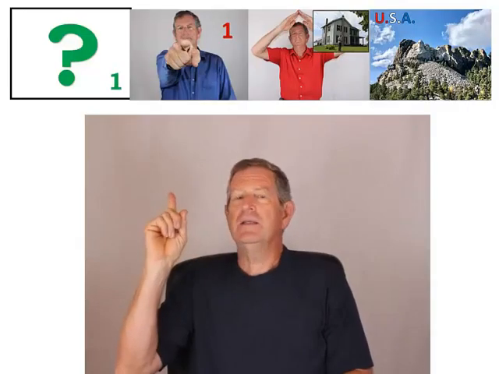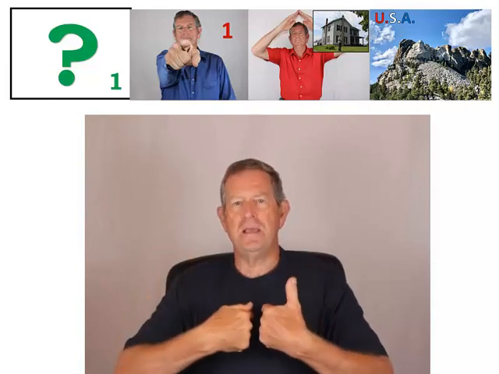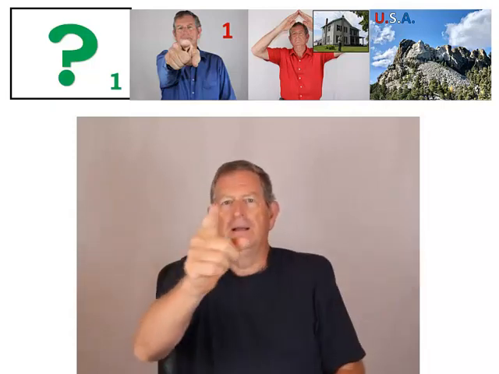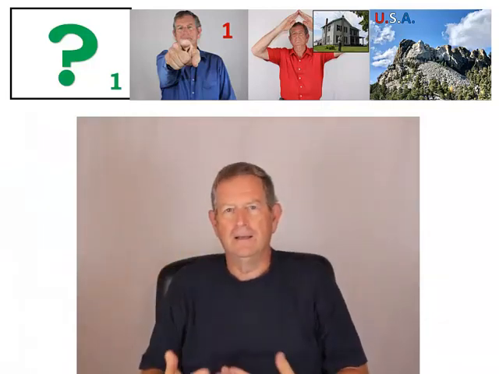I'd like to ask you to ask me questions now. Ask me those three questions about if I live in the United States, if I live in a house or an apartment, if I live in the country or the city. You ask this question here of me. Go ahead, ask the question, say it. Okay, good.